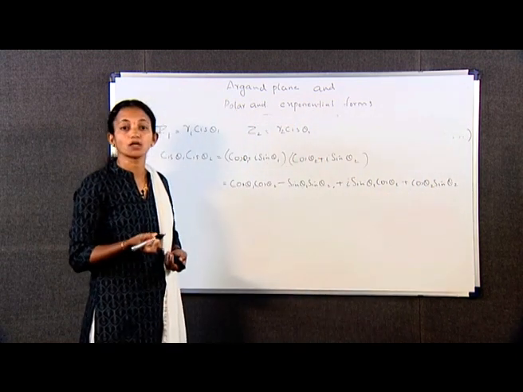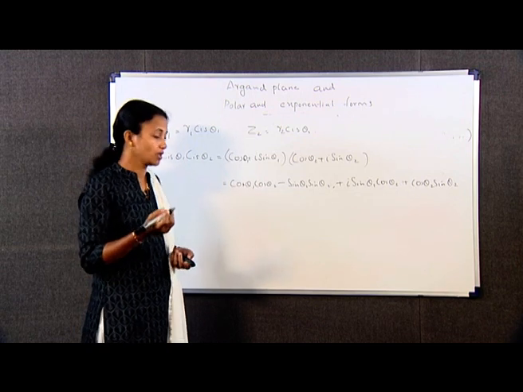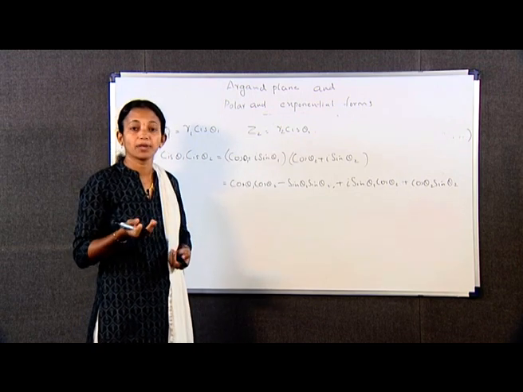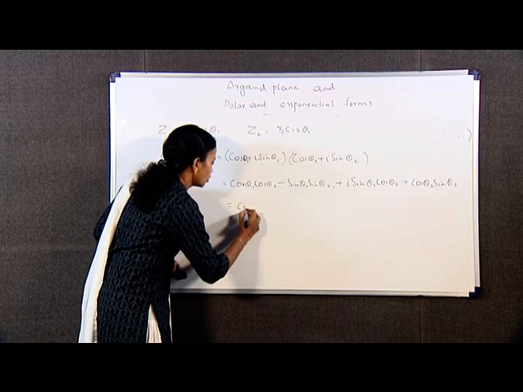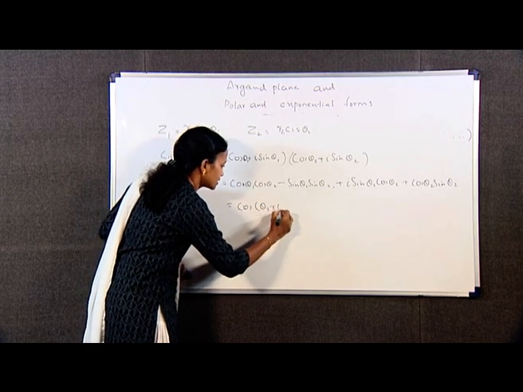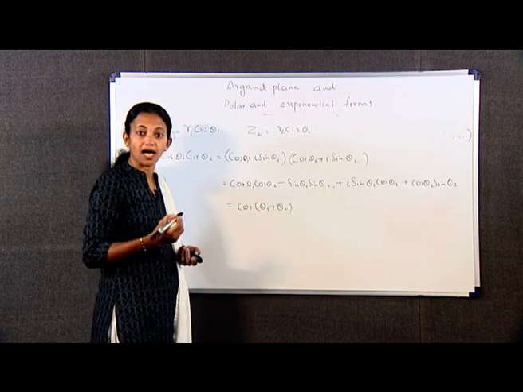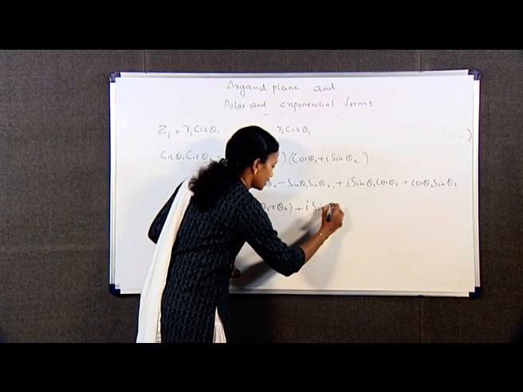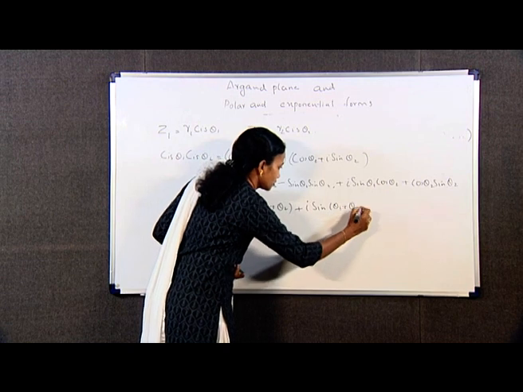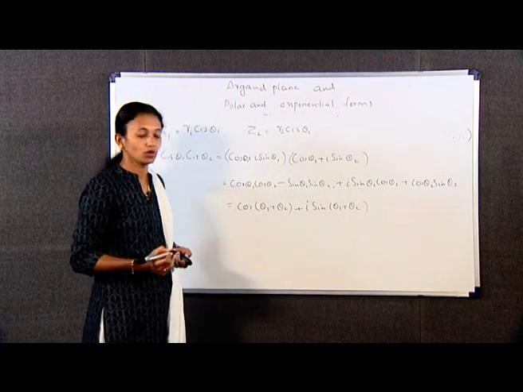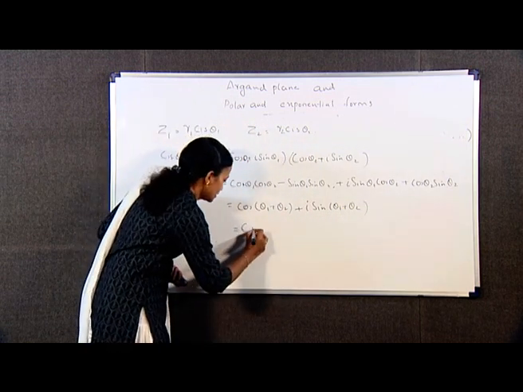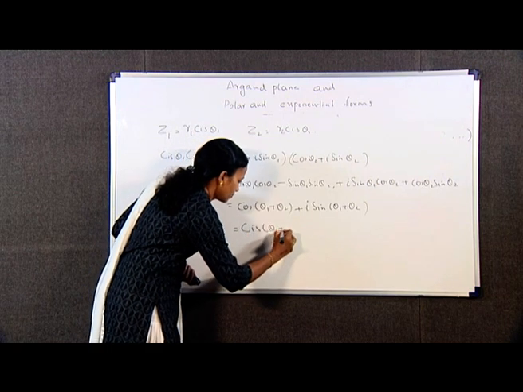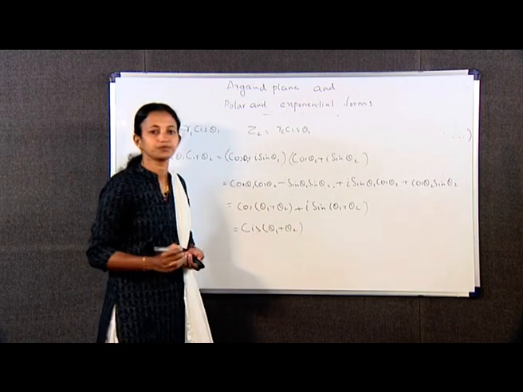This gives cos theta 1 plus theta 2 plus I sin theta 1 plus theta 2. So, we can write this as sec theta 1 plus theta 2.